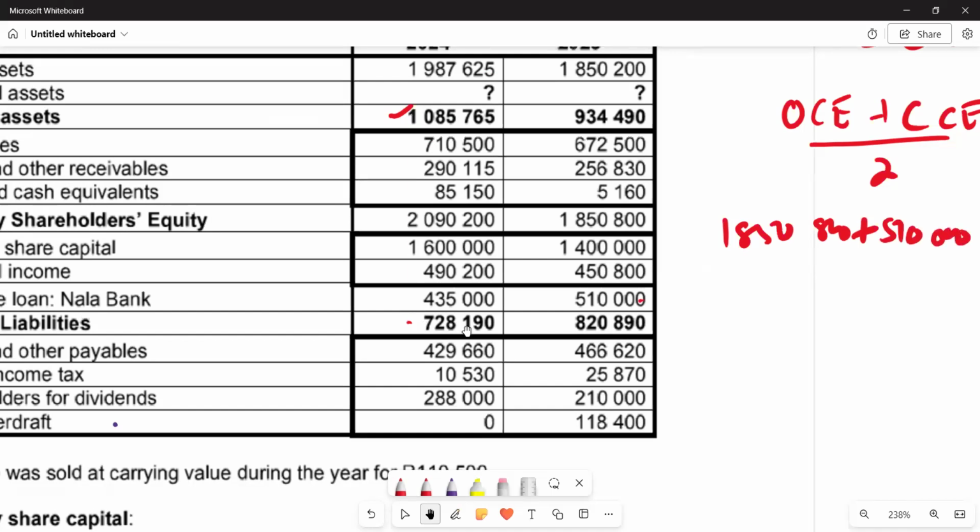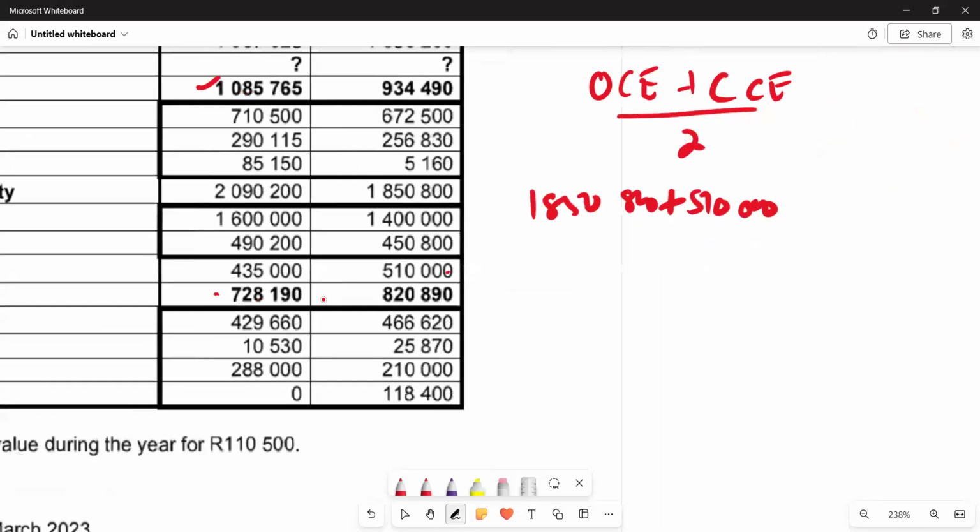Let's see what figure we get for our opening capital employed. 1,850,800, and then we add 510,000. And we're going to get 2,360,800.